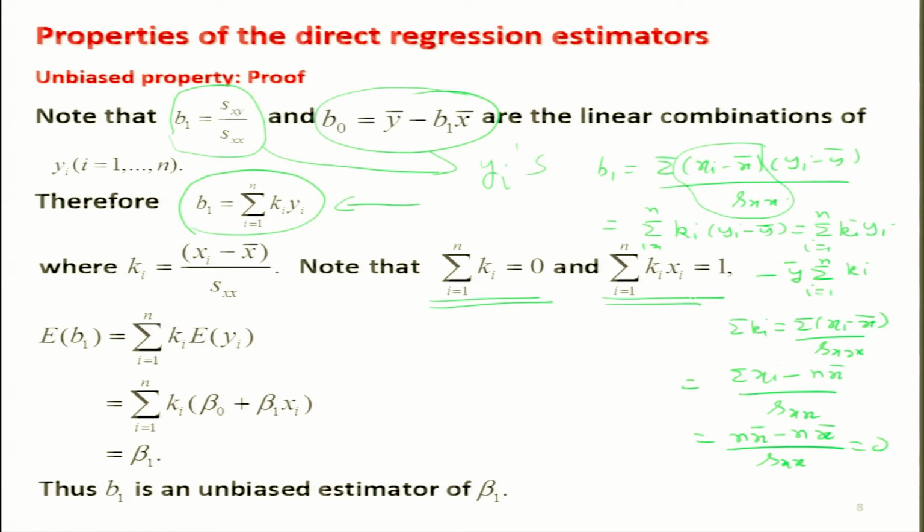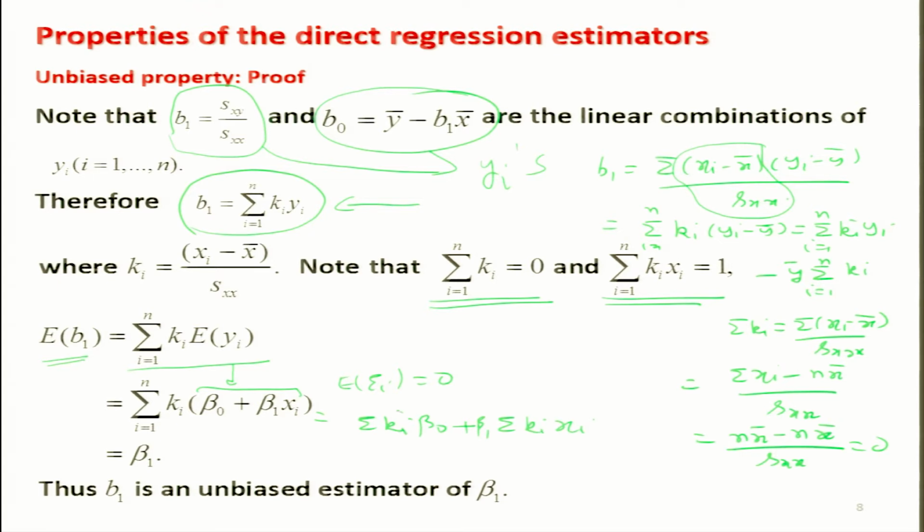So, now if you take the expectation of B1, I can write summation i goes from 1 to n ki times expected value of yi, and expected value of yi here is B0 plus B1 xi, because expected value of epsilon i is 0, right. So, hence I can write this quantity as summation ki beta 0 plus beta 1 times summation ki xi, right.